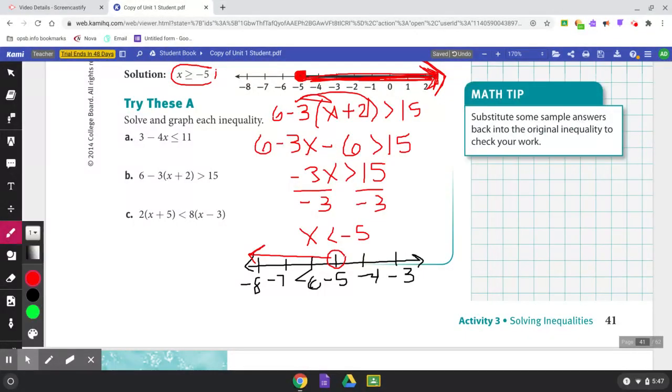Okay, now I'm going to see if there's enough room over there for me to do part C without erasing. 2 times x plus 5 is less than 8 times x minus 3.